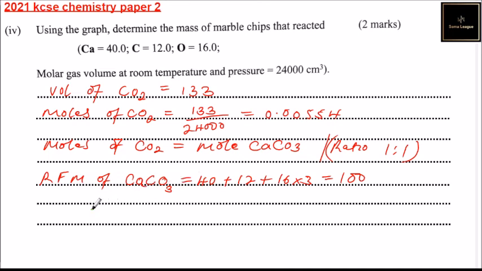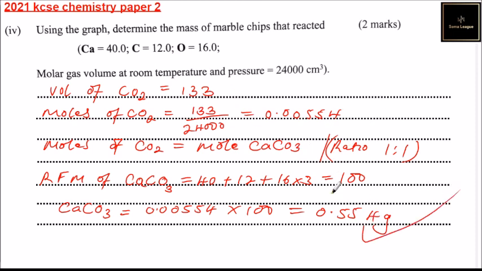Therefore, you can get the calcium carbonate that reacted. Since the ratio is 1:1, it is 0.00554. You multiply by 100, and that should give you 0.554 grams. So that is the mass of marble chip, or the calcium carbonate, that reacted. And if you do that, you'll be able to get 2 marks.